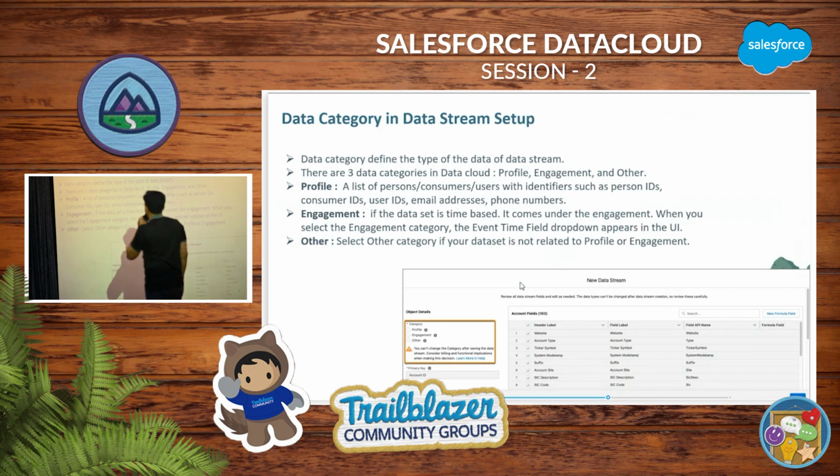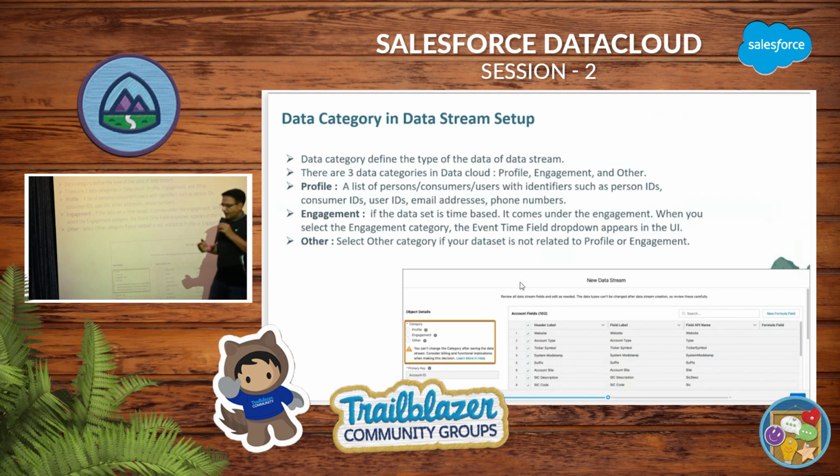So these are the different data categories in the data stream setup. At the time of ingesting the data, it requires three different options: whether my data is profile, engagement, or other. Now what is the meaning of profile and engagement?